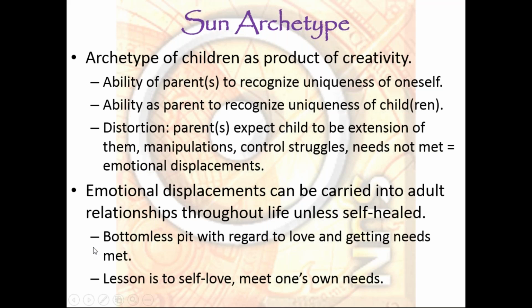Then it turns into what we call that bottomless pit with regard to the need for love and getting our needs met. No matter how much someone gives, it's not enough. And the lesson is that we have to learn to meet our own needs. I'm always saying in a lot of my relationship counseling via astrology, when you learn healthy self-reliance, which is the Taurus second house square to Leo in the fifth, you fulfill your own needs.